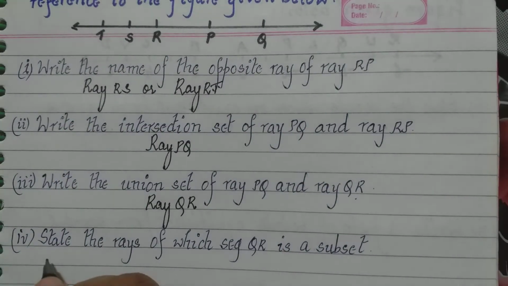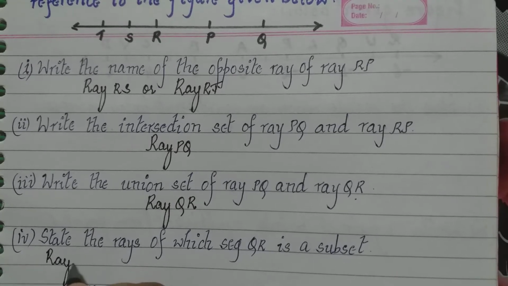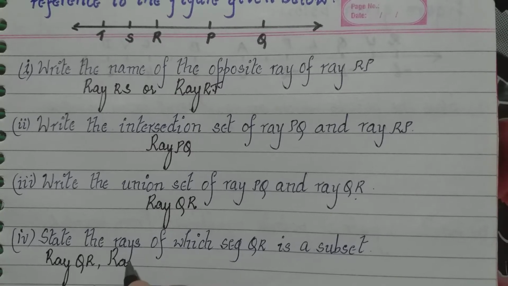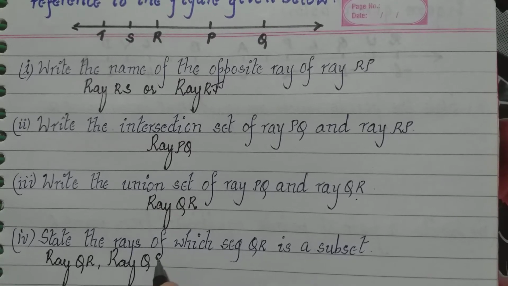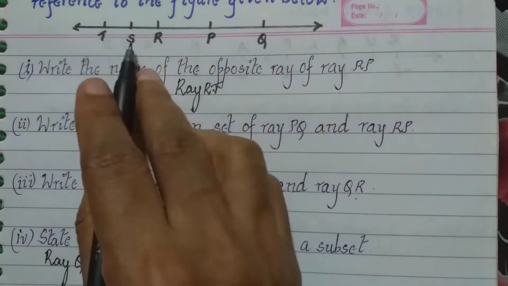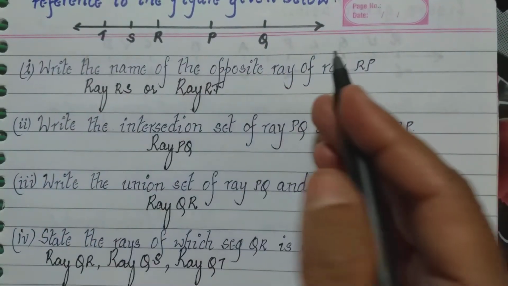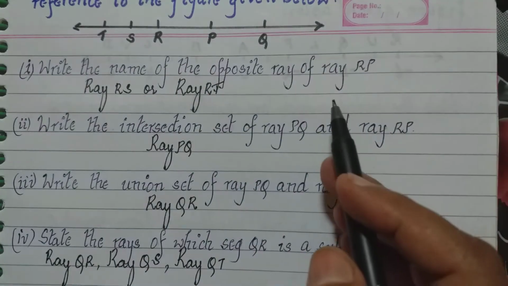So I'll write here ray QR, ray QS, ray QT. Okay, so QR, QS and QT, in all of them, this segment QR is a subset.